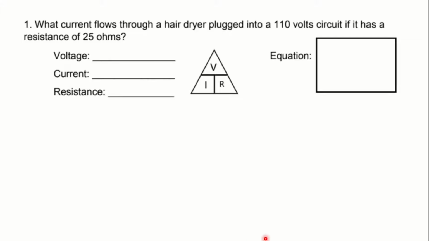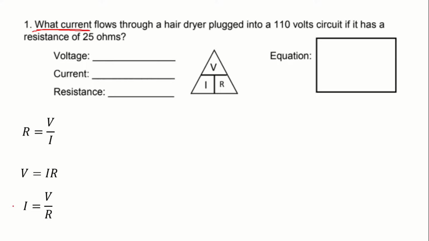The first problem is this. What current flows through a hairdryer plugged into a 110 volt circuit if it has a resistance of 25 ohms? Okay, before we do anything, let's pull up our equations. This 3. Let's inspect the problem now. It is looking for a current.